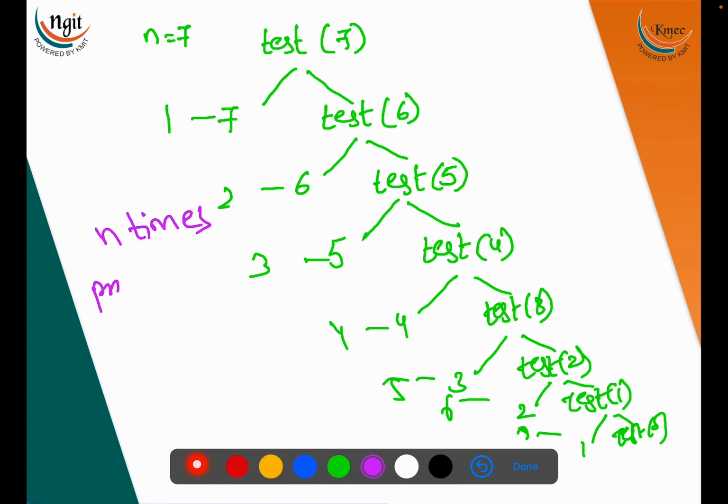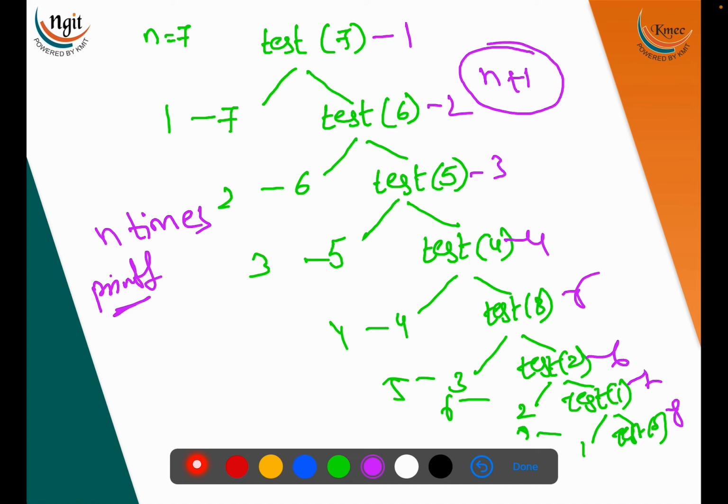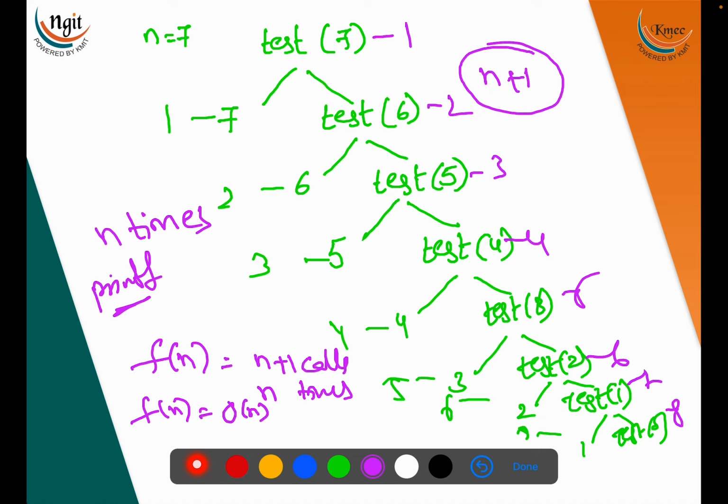Now, how many times has recursion been called? 1, 2, 3, 4, 5, 6, 7, 8, that is n plus 1. So recursion calls n plus 1 times. So f of n is equal to n plus 1 calls and n times display. Thus f of n is equal to order of n.